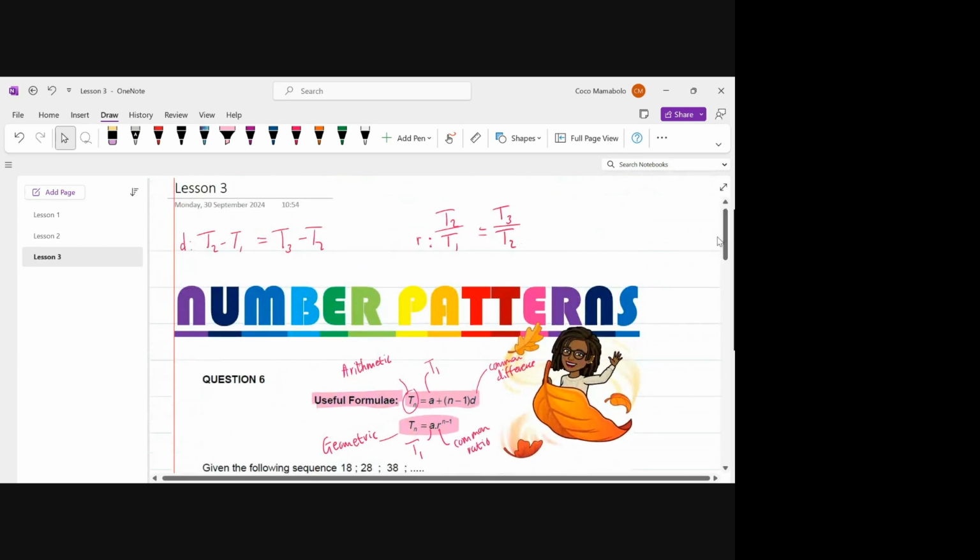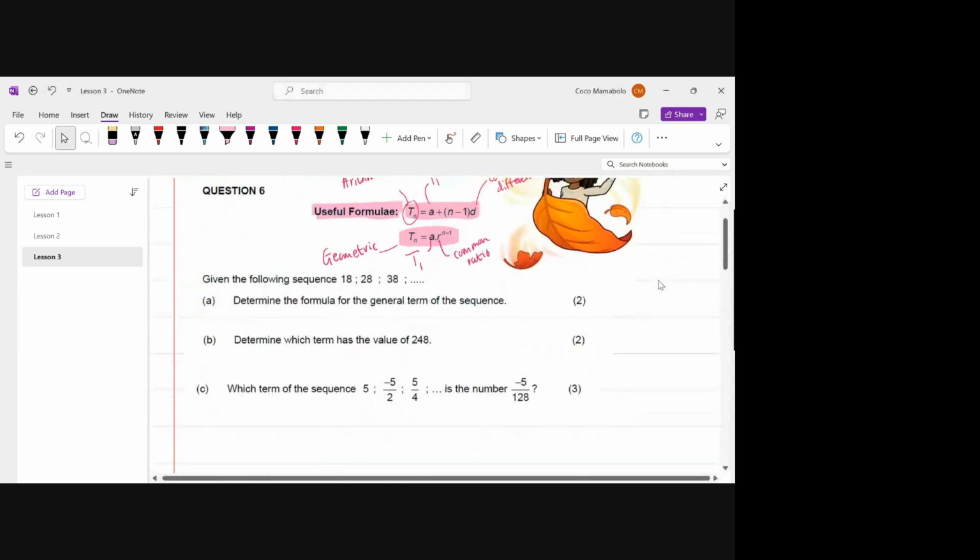If it has a common difference, we can take term 2 minus term 1, and that must give me the same answer as term 3 minus term 2. If that's the same number, then I know it's a common difference and therefore it's arithmetic. But if I take term 2 divided by term 1, and that gives me the same number as term 3 divided by term 2, then we know that it's geometric and we can use the second formula. Does that answer your question?